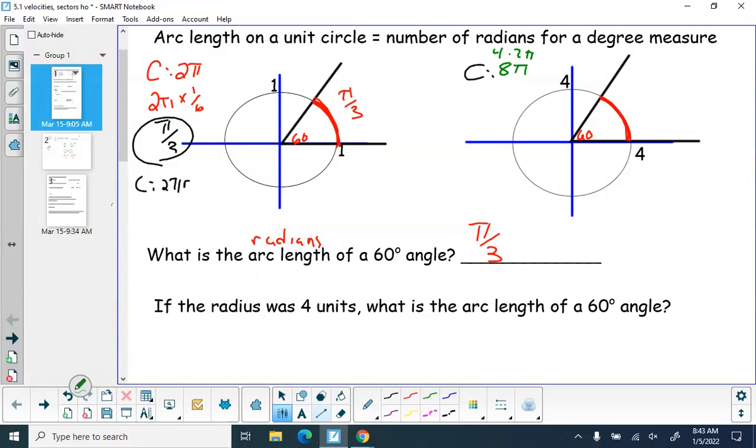But I'm still dealing with 60 degrees. And 60 degrees, as Jack told us, was 1/6 of the circle. So what we have now is, rather than 1/6 of just 2 pi, we have 1/6 of 8 pi.